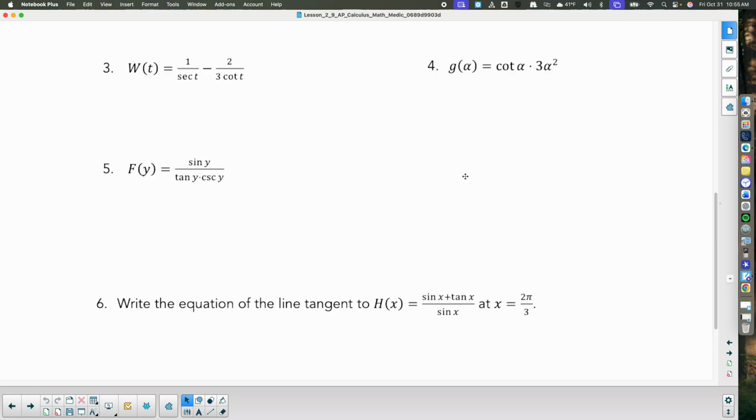What you're going to find is tangent is sine over cosine, cosecant is 1 over sine, the sines cancel. So you would have sine on the top of the fraction, and on the bottom of the fraction, 1 over cosine. Instead of having a fraction on the bottom, do the keep change flip. And this would turn into sine times cosine, no fraction.